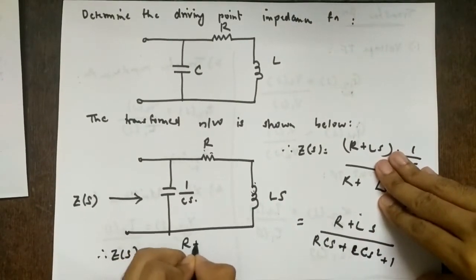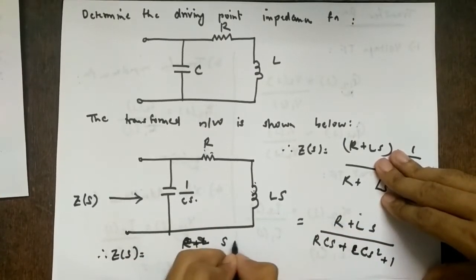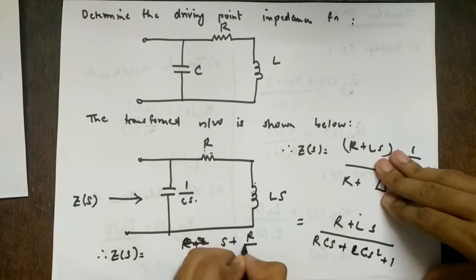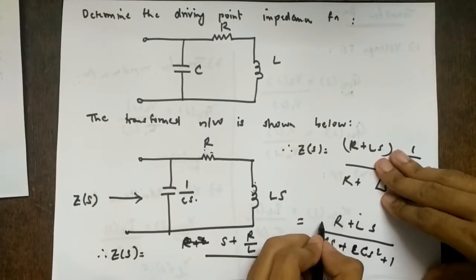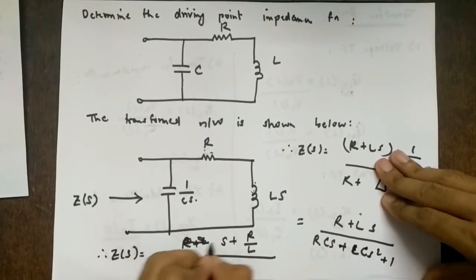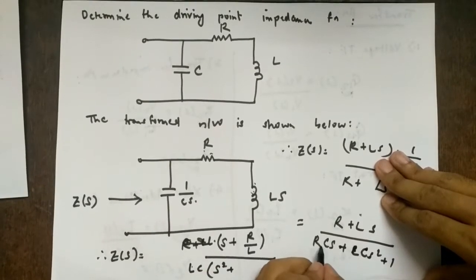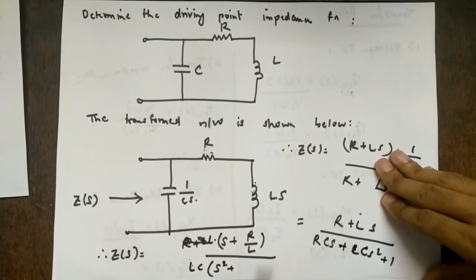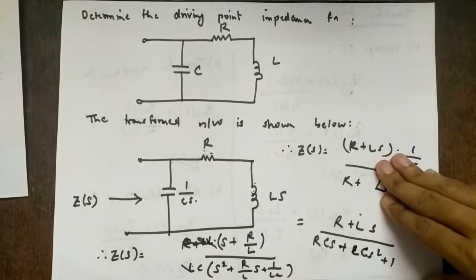So it will be R plus, and this S was also 1, so S plus R by L upon, so we are taking L common here, right? So it will be L times S plus R by L upon LC times S square plus R by L S plus 1 by LC. So L and L will get cancelled. So this is your final answer. Simple.